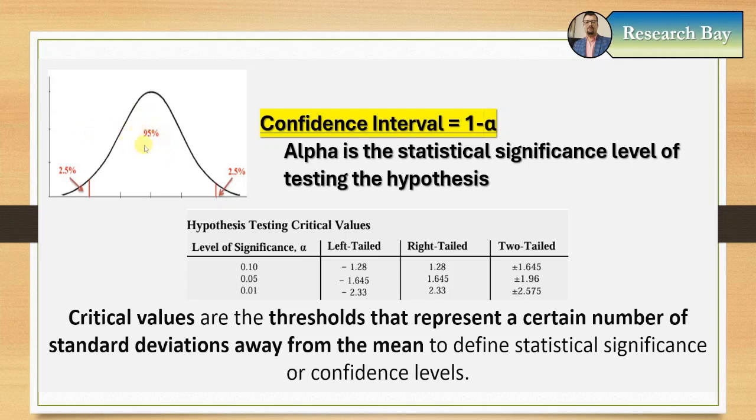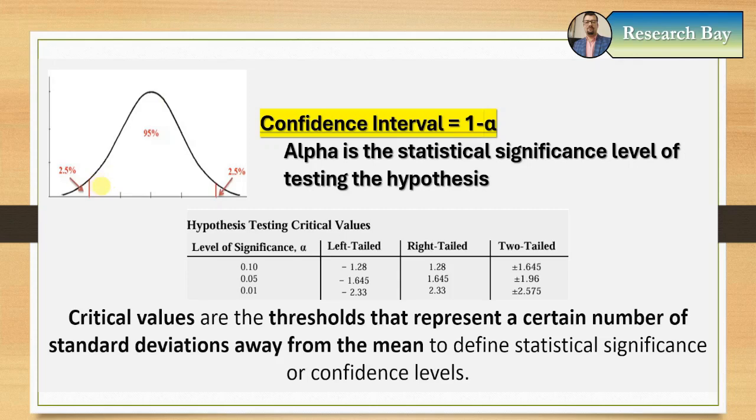Now, I have put this picture to explain this thing in a better manner. If you see, this is a normal curve. This is a bell-shaped curve. You might like to go back and check my video on empirical rule of normal distribution.